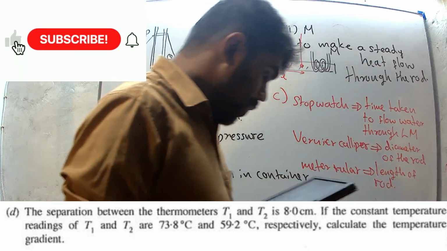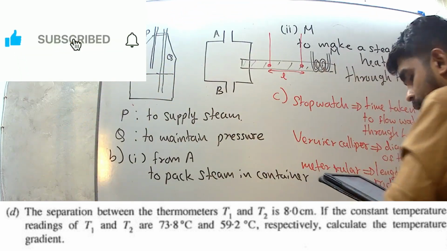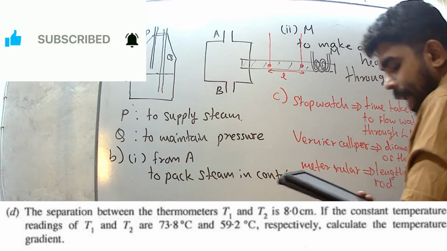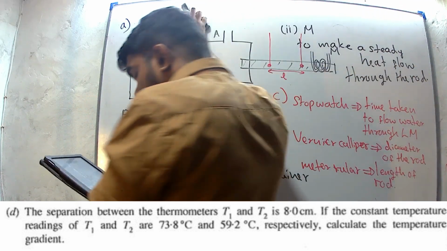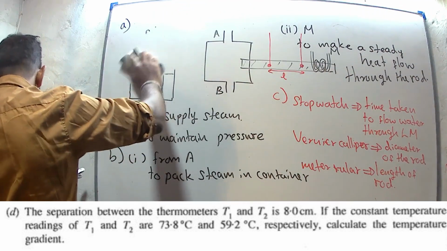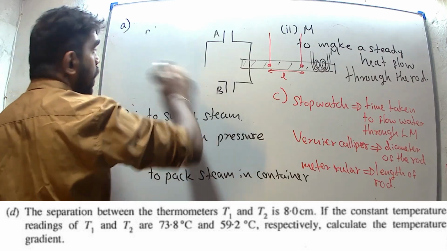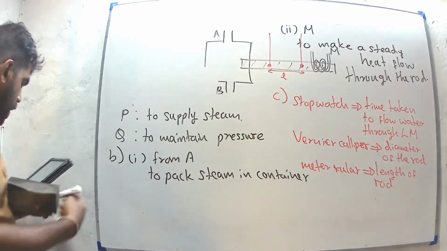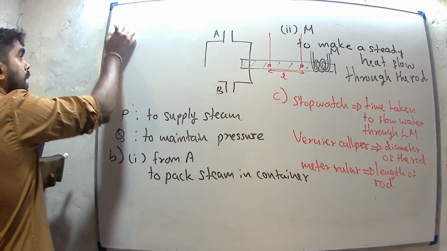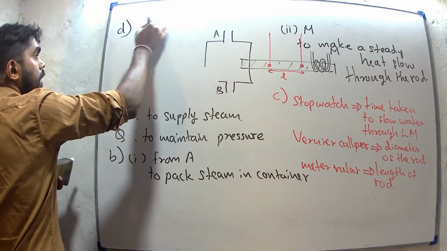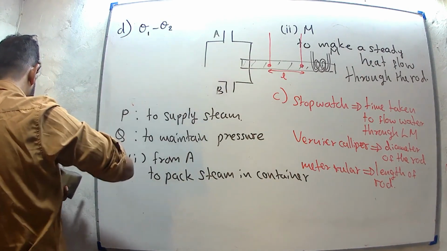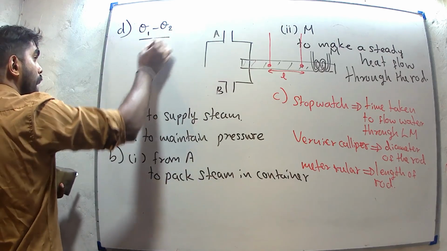If the constant temperature readings of T1 and T2 are 73.8 and 59.2 respectively, calculate the temperature gradient. Temperature gradient is the temperature difference theta 1 minus theta 2 divided by length.